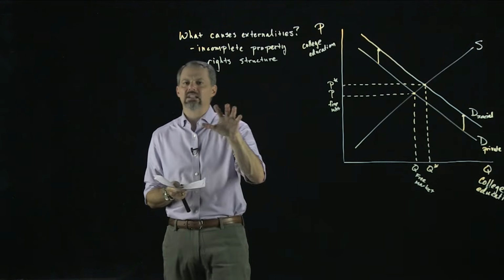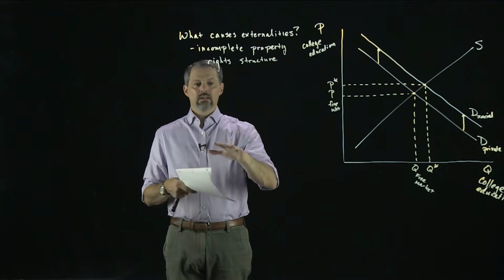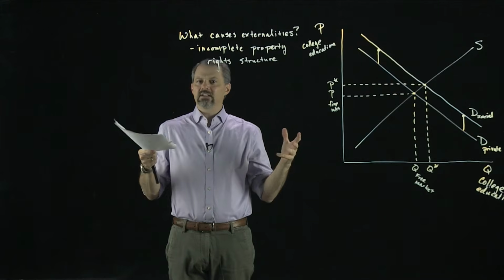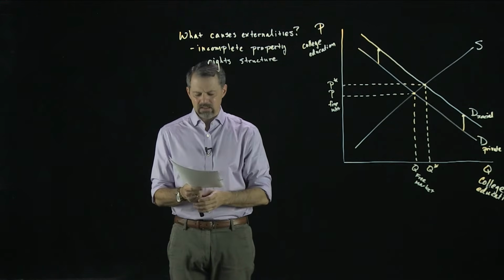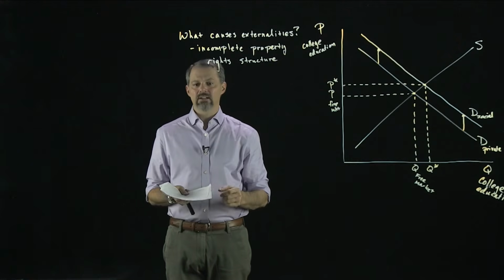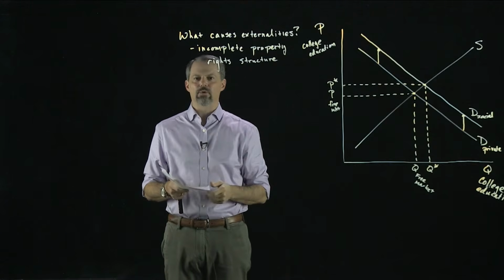The court system will allow you to sue them as long as you can prove that they somehow did this beyond the contract that you agreed upon, then they will be held liable. In that case, there's no externality because they're not able to pass on the cost. You can hold them responsible for it.